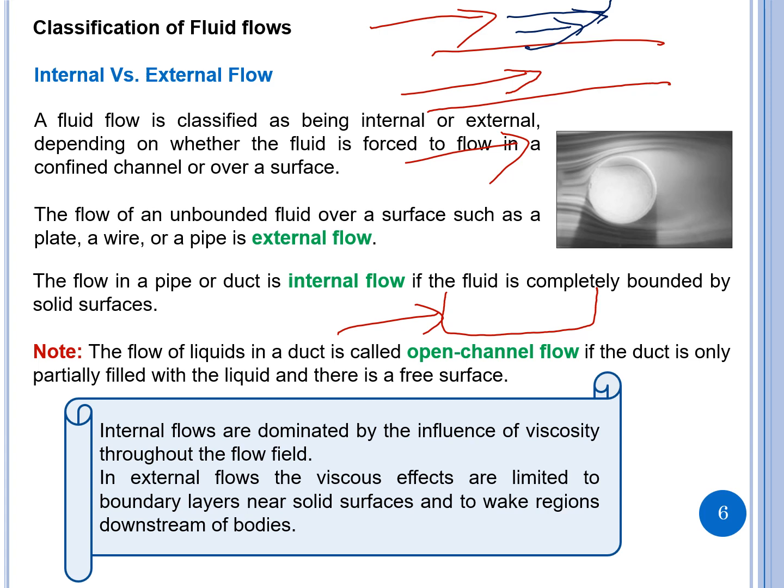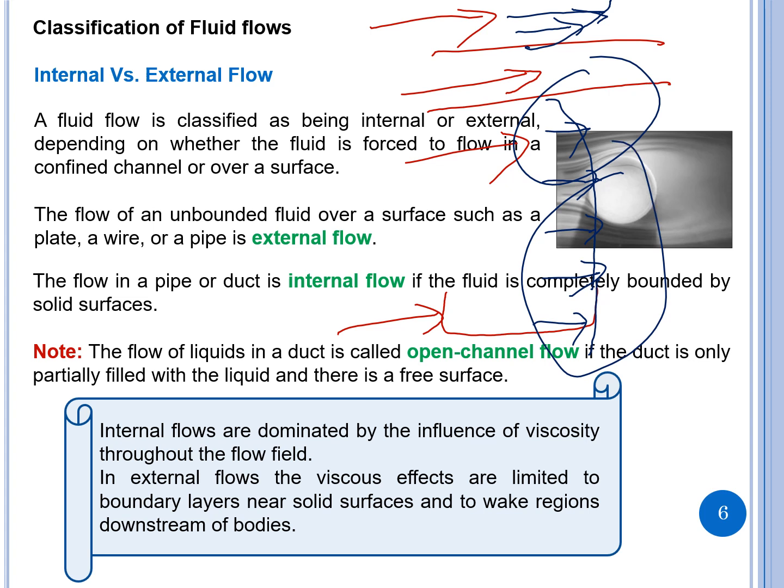Further away, it becomes inviscid flow. Or I can just plot it here, like this. Viscous, inviscid.